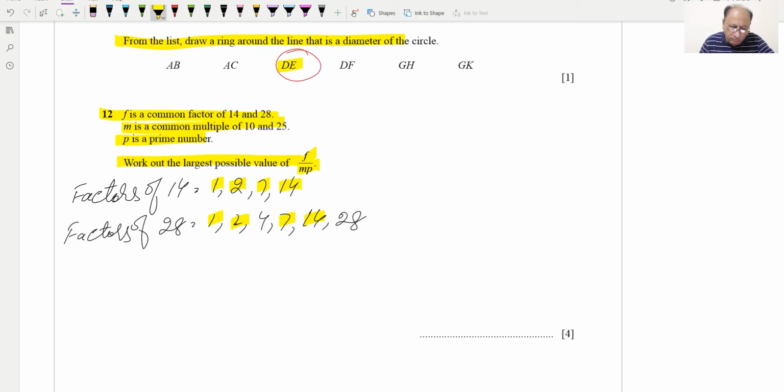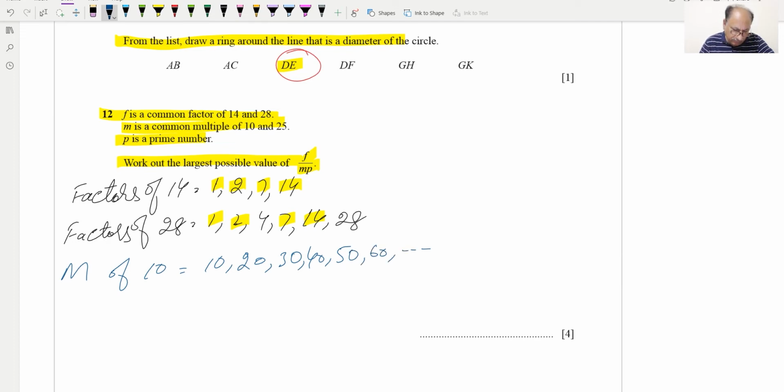So M is a common multiple of 10 and 25. So multiples of 10 and 25 we need to write. Multiples of 10 will be 10, 20, 30, 40, 50 also, and 60 and so on.